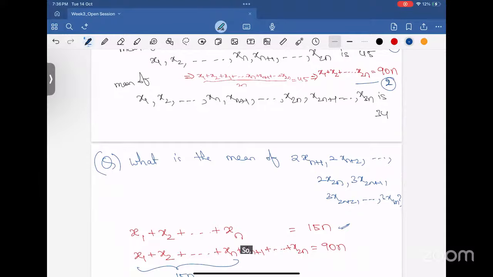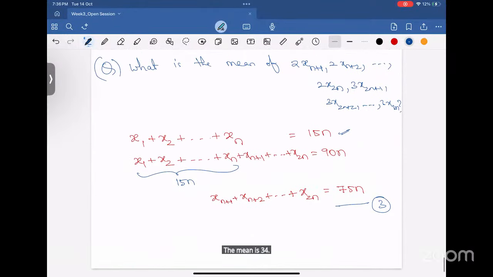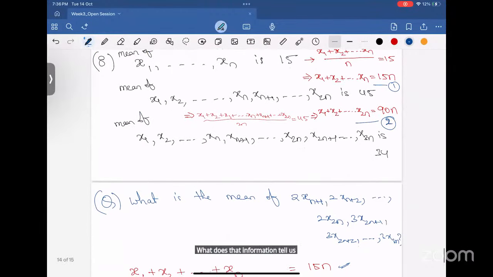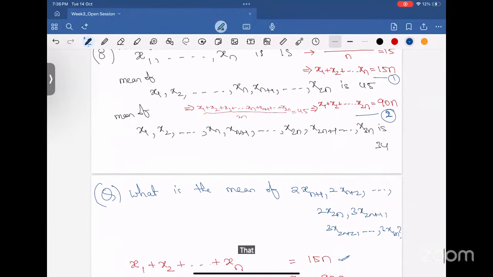Now I will come to the last. From x1 to x3n, the mean is 34. What does that information tell us? That x1 plus x2 till x3n divided by 3n is 34.